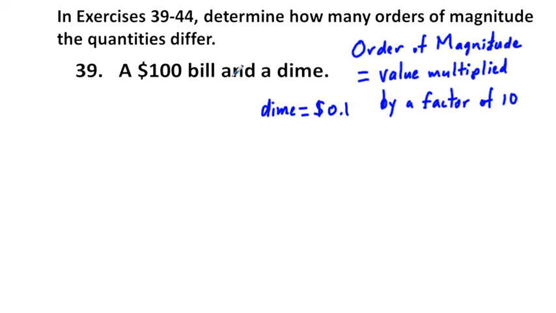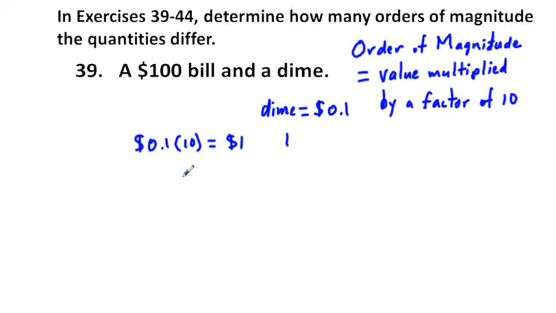So an order of magnitude, we'll be able to determine by how many times we multiply it by 10 to get to the next value. So if we take this dime of 0.1 and multiply it by 10, we get $1. And so that's going to be 1 order of magnitude.